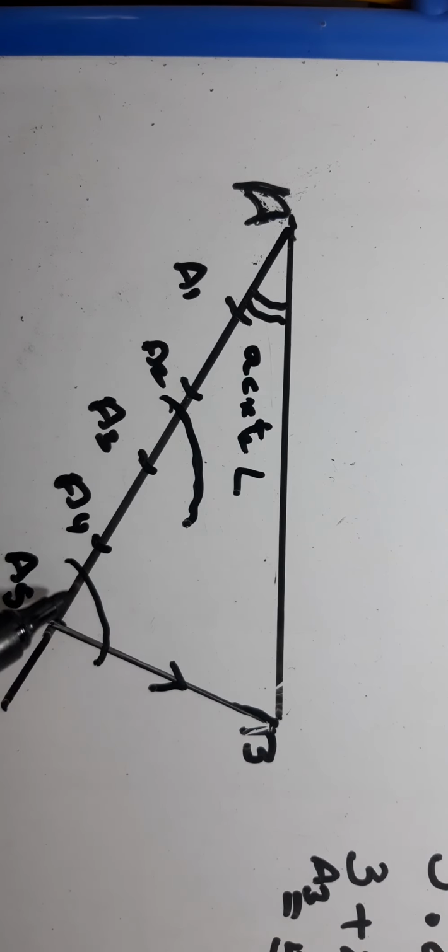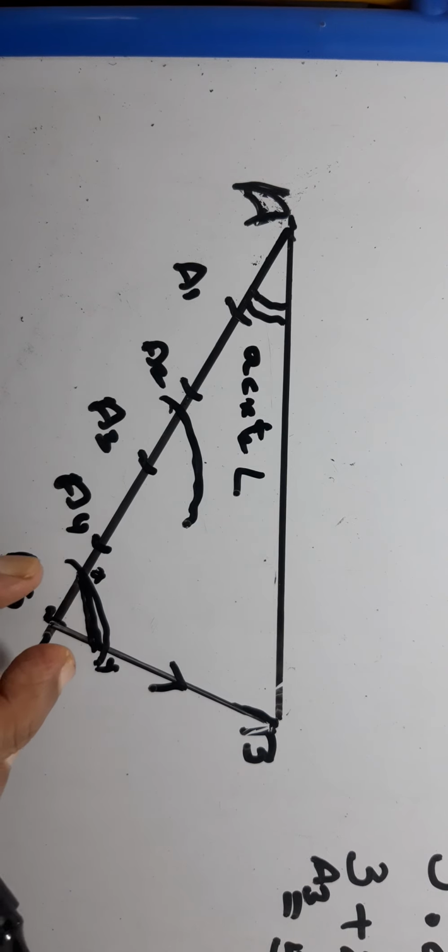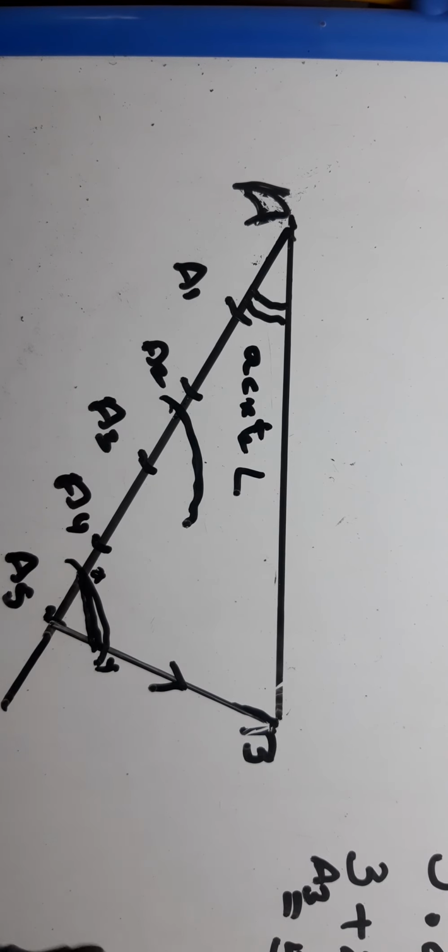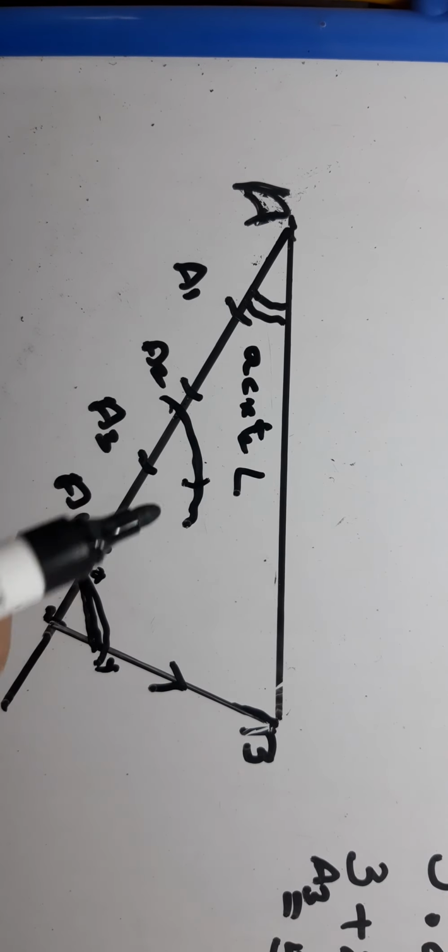Then think that this is X and this is Y. Now this distance XY, you need not join, or if you want you can join also. Now take the radius XY and keep it here and cut it here.